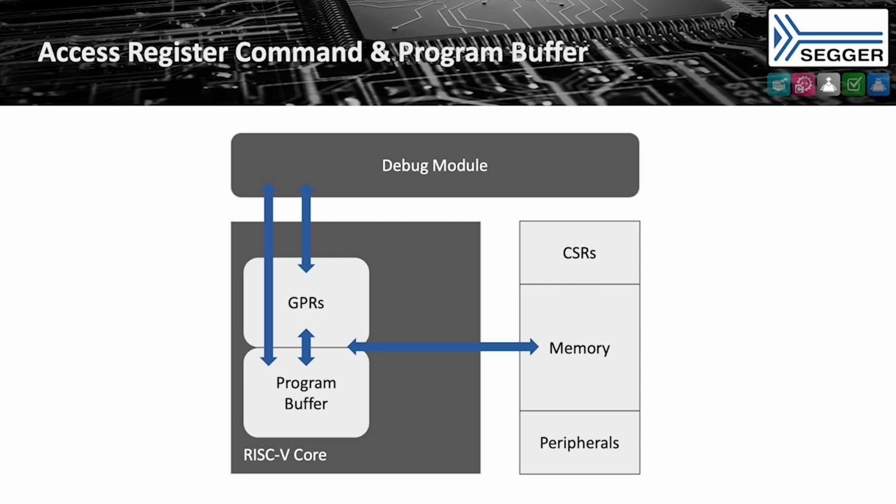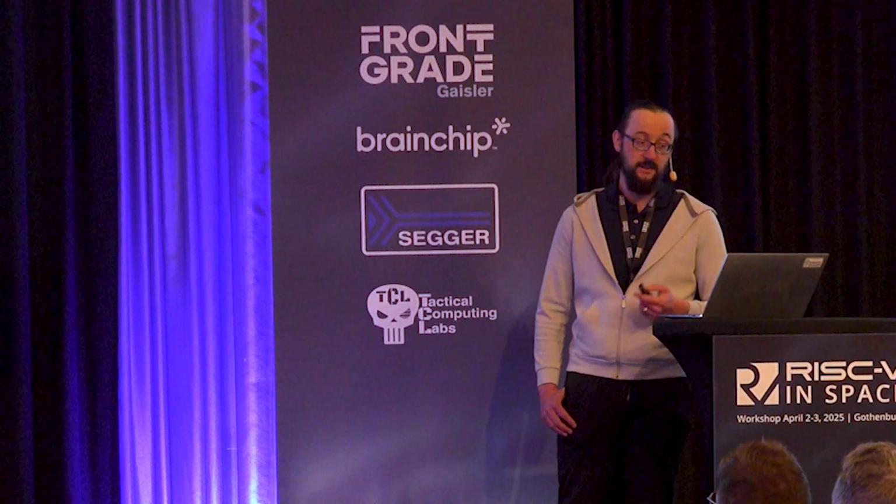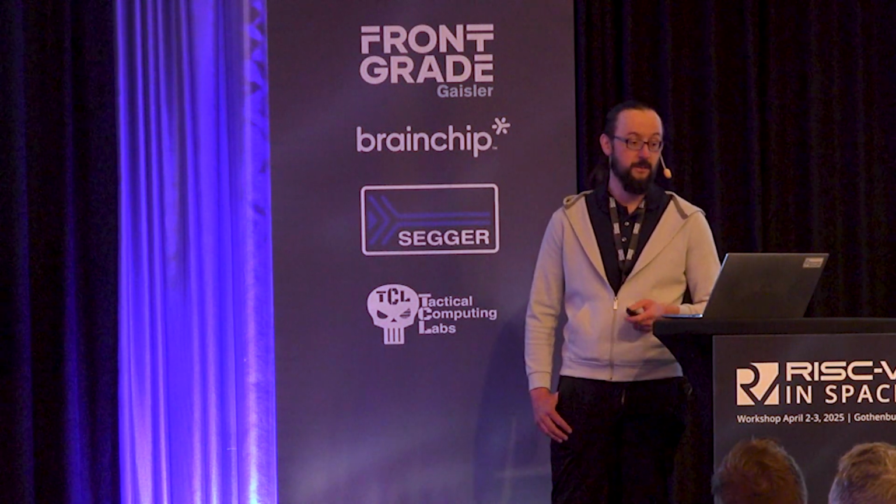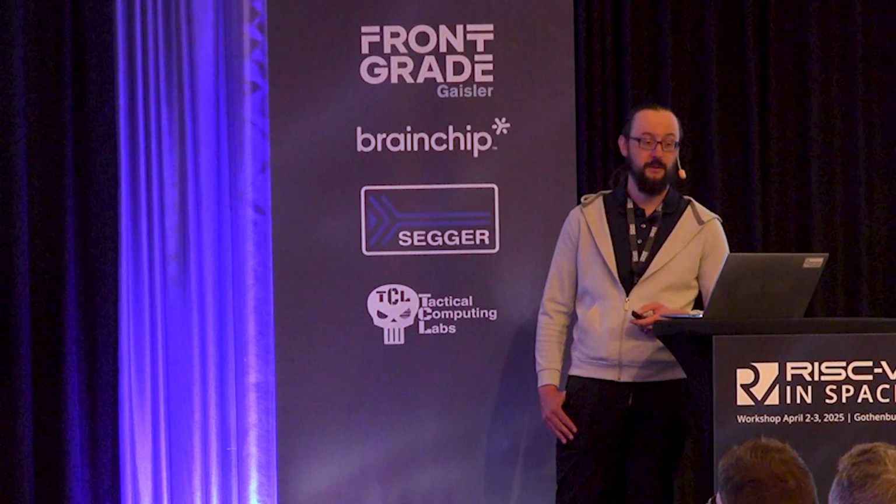So the first option is to use the abstract access command to read registers. This is already required because that's how the debugger can read general purpose registers and usually also other registers through the probe. So as an addition, to provide more functionality, it can trigger execution of the program buffer.